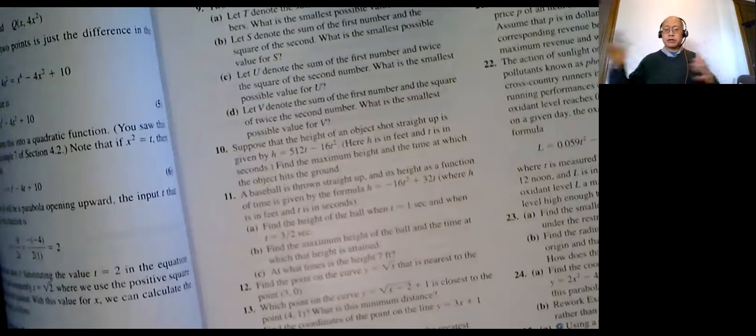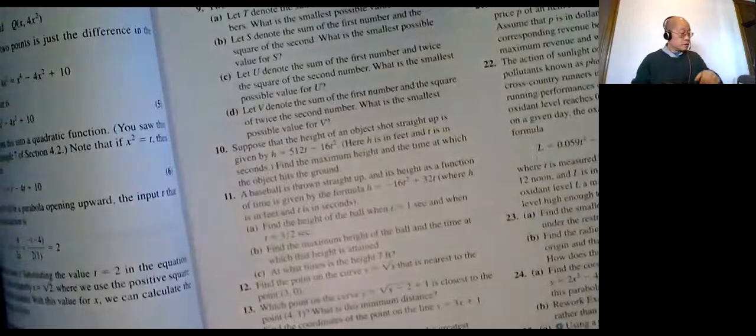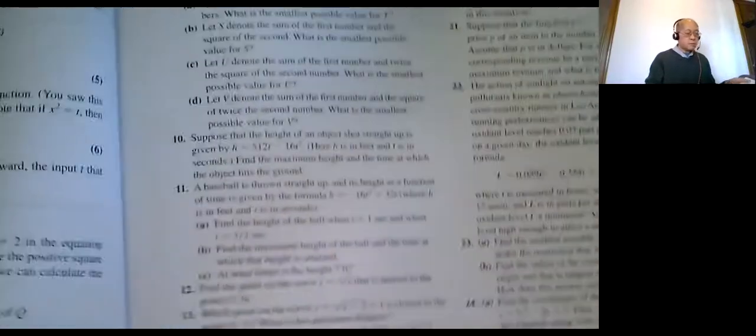You know how it is when you have all these wires and you accidentally have all these knots. And so I accidentally made a knot and kind of just twisted myself up.